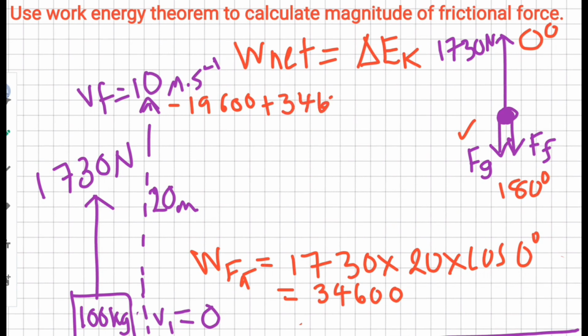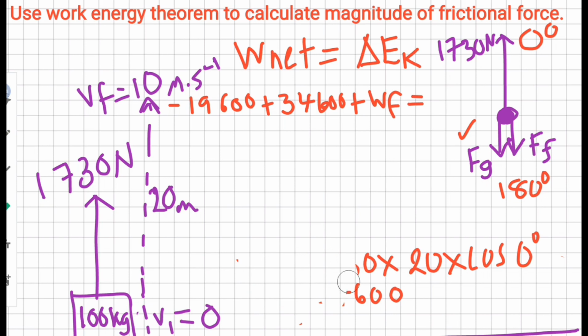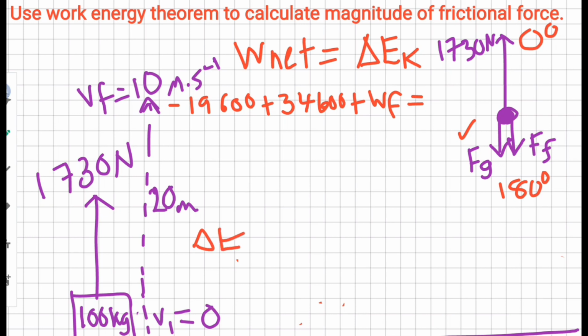So we're going to add the 34,600 plus the work done by friction is now equal to the delta Ek. What is the delta Ek going to be? Well, delta Ek means final kinetic energy minus initial kinetic energy. Initial kinetic energy is 0.